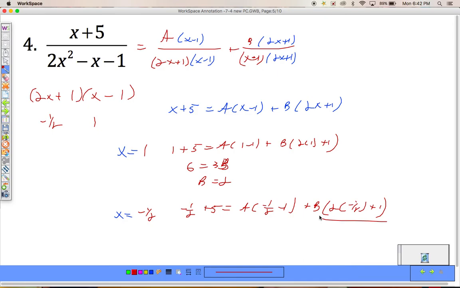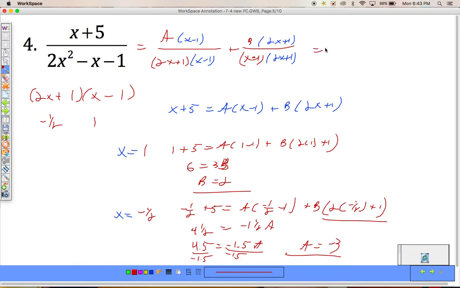All right, that's going to become my 0. I'm going to leave this as 4.5 equals negative 1.5a. If you're making it improper, it's still going to work. Divide by negative 1.5. I get a to be negative 3.